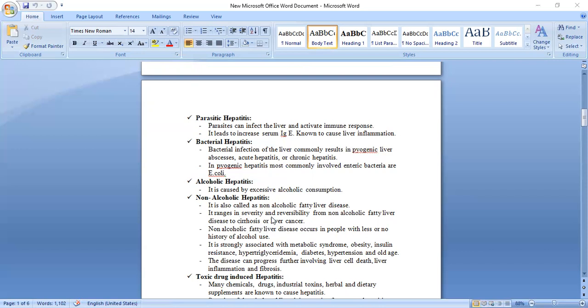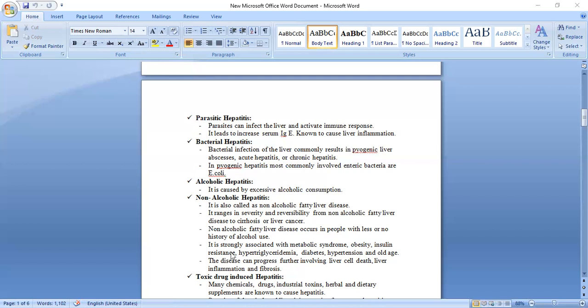That is the swelling of the liver. Water will accumulate in the liver and may cause liver cancer. Non-alcoholic fatty liver disease occurs in people with little or no history of alcohol. Already I told you, there is no history; the individual is not consuming any type of alcohol. Then also this liver disease will take place.